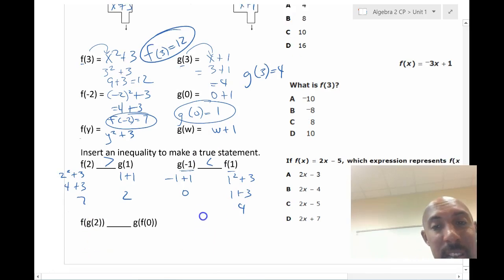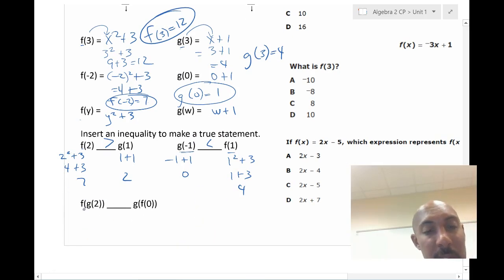Now you've got something that looks a little different. So now you have f of g of 2. Bear with me here. What this means is that f is our main function, right? x squared plus 3. But then g of 2 is what we're actually going to plug into the f function.